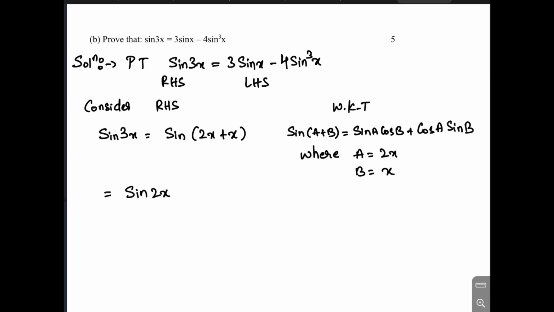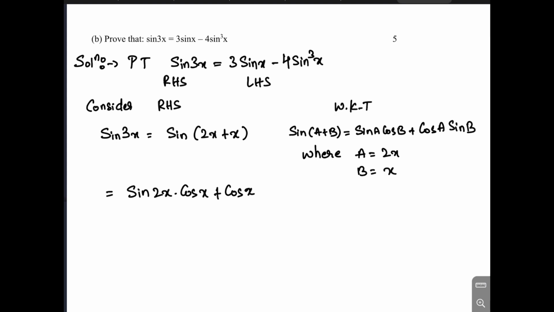Sin 2x into cos x plus cos 2x into sin x. Sin 2x equals 2 sin x cos x.